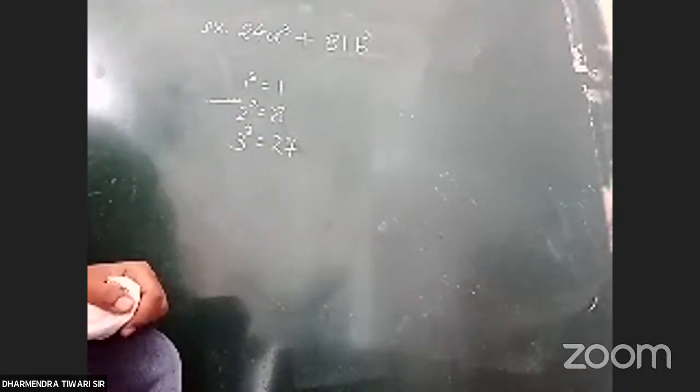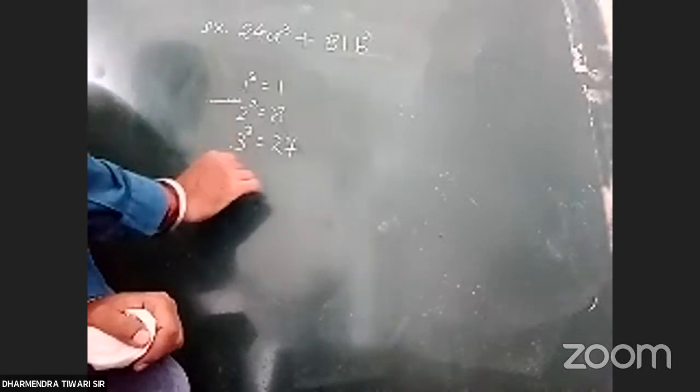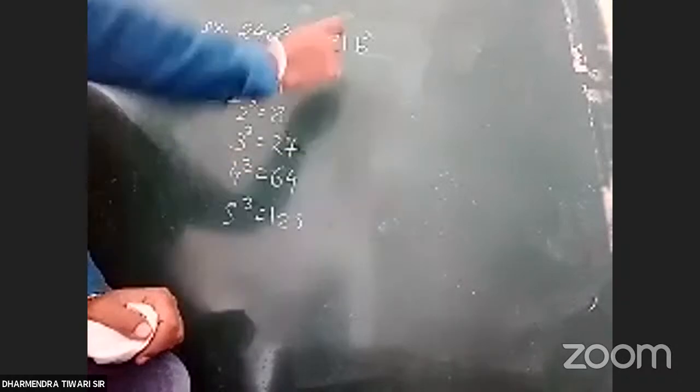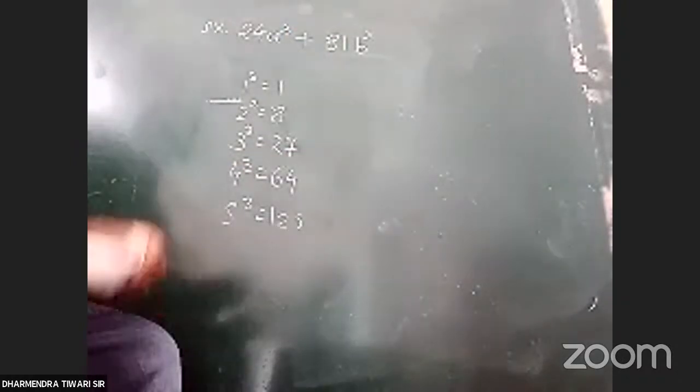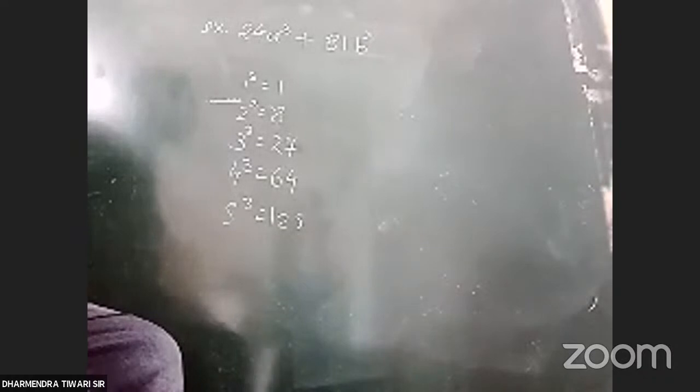So we need to think on this. And 4 cube is 64, 5 cube is 125, which is greater than 81. So what should be done so that we can convert the given coefficient to its cube form?